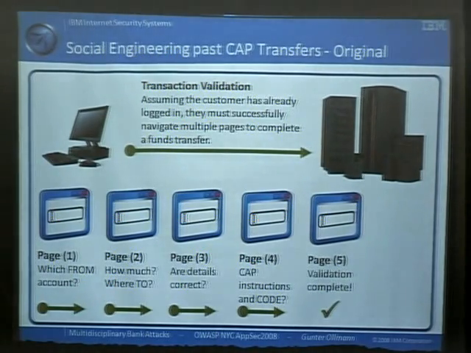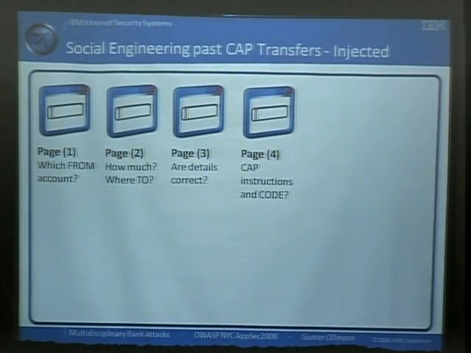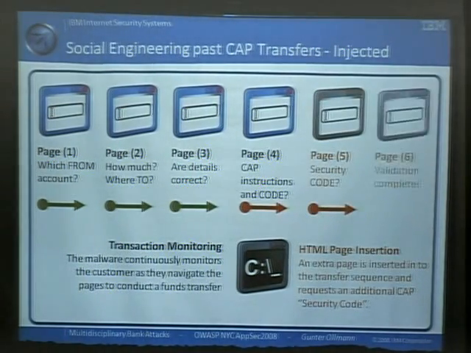So what does the malware actually do on this? The malware side is fairly simple. You go through the first 4 pages. Remember, this is a 5-page process. It goes through those first 4 pages, and then the malware starts kicking in. What the malware does is create a 5th page, and what it's asking for is a security validation code. That validation page requires you to do the same chip and PIN technology as well.